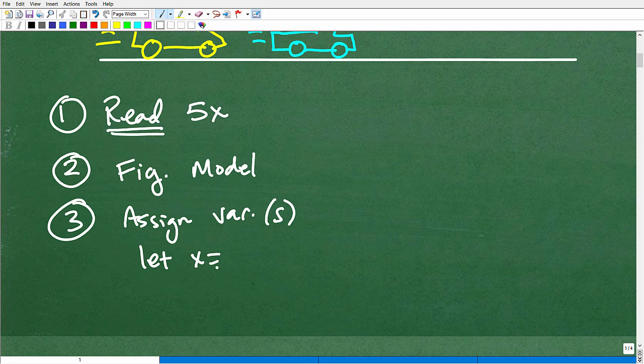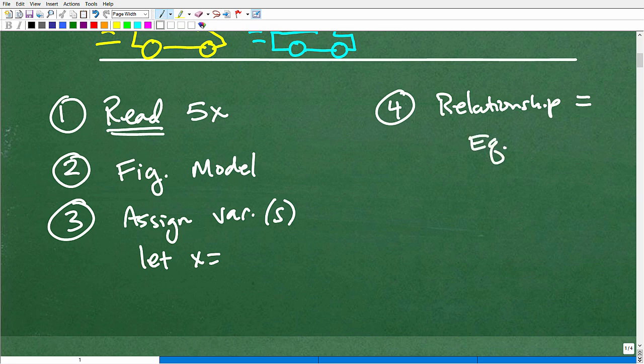Now, if we're going to assign a variable, then what are we going to do with these variables? Well, you're going to look for some sort of relationship in the problem where you can create an equation. Effectively, we want to build an equation. That's what we want to do.